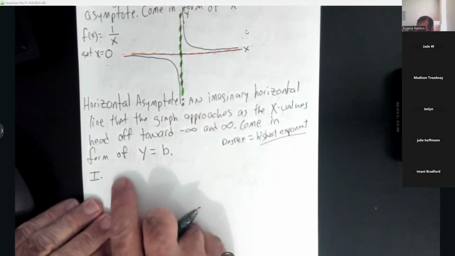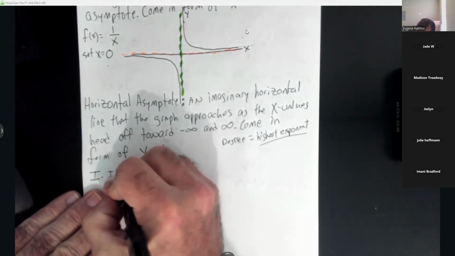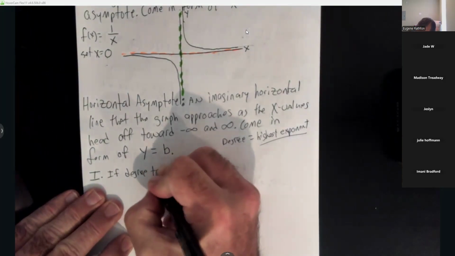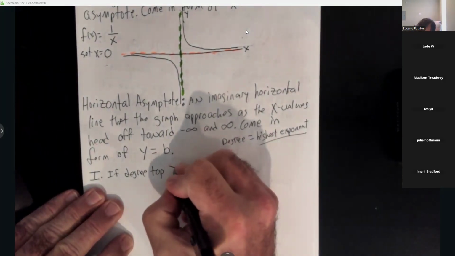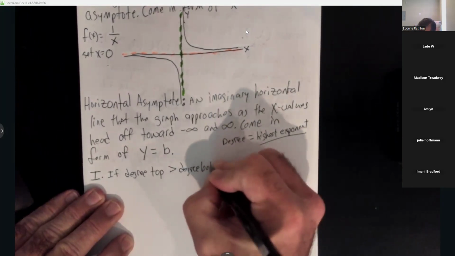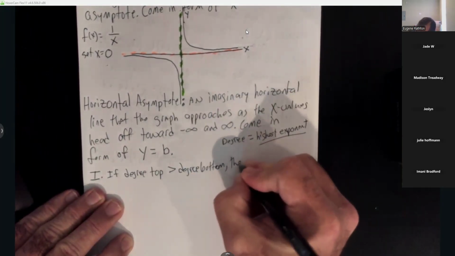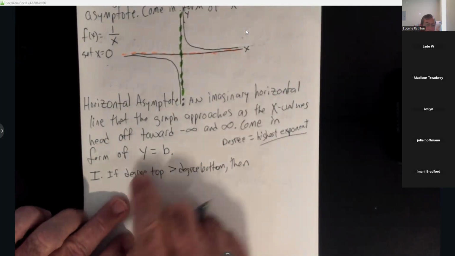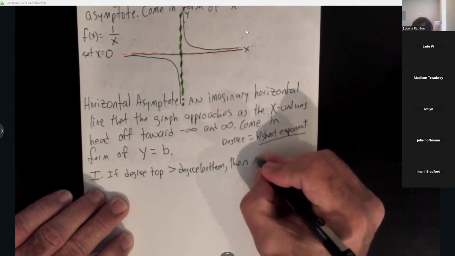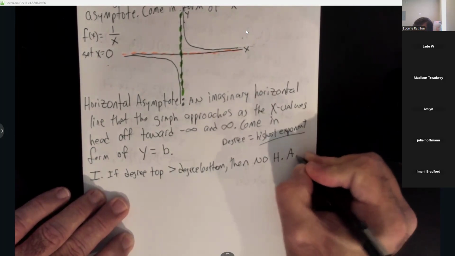So the first case, if the degree on top is greater than the degree on the bottom, then, so if the top exponent is bigger than the exponent on the bottom, then there is no horizontal asymptote.